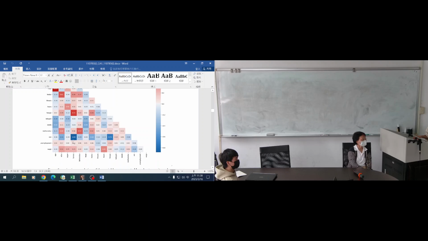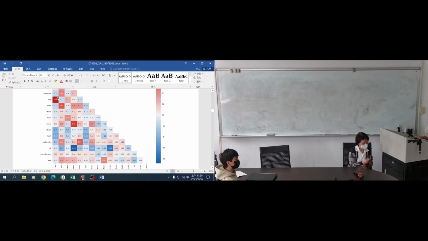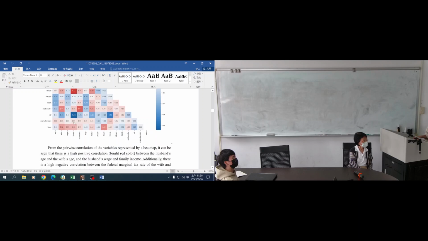Then we can see that MTR and family income have a high negative correlation coefficient of negative 0.88, followed by negative 0.72, which is the correlation of MTR and husband's wage. The other highly positive correlation coefficient is between the husband's wage and the family income.